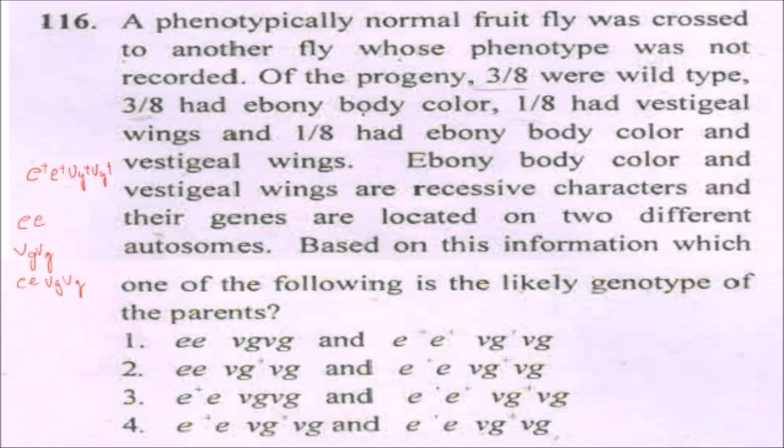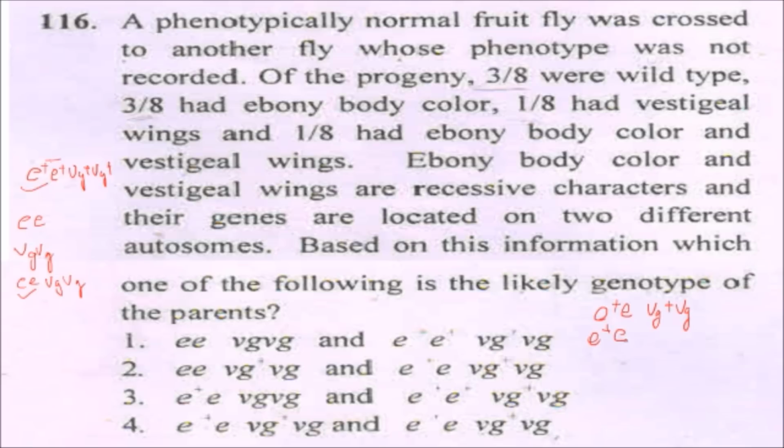So what should be the other parent? If one parent is phenotypically normal and it is also producing the recessive one, it will be heterozygous for all its alleles. So now the option is that it is producing the wild type, and wild type means the one gene which is always expressed in the population. So the other parent will be E positive for one of the sites, and it should be heterozygous because it is also producing the homozygous recessive one.